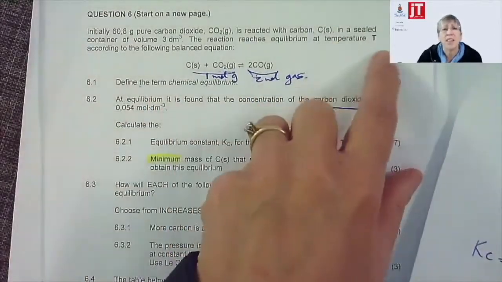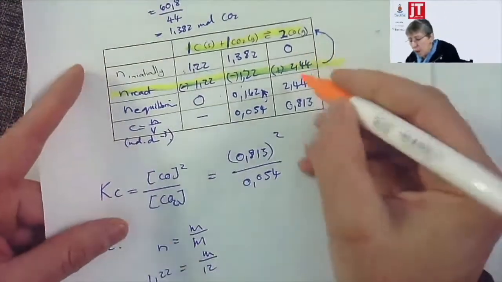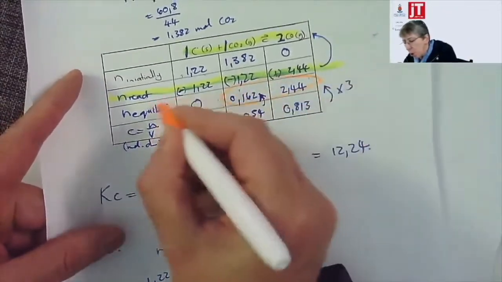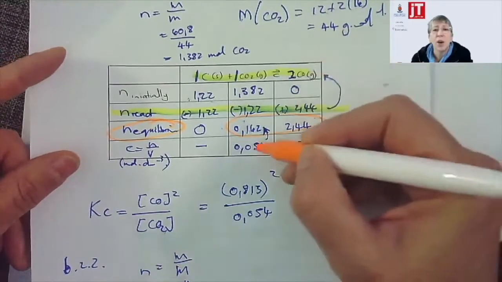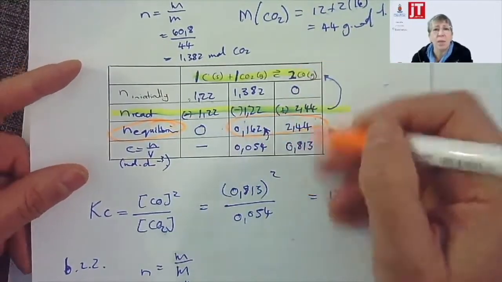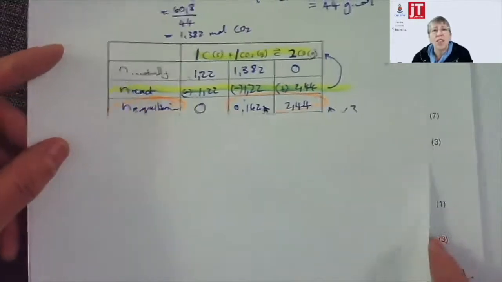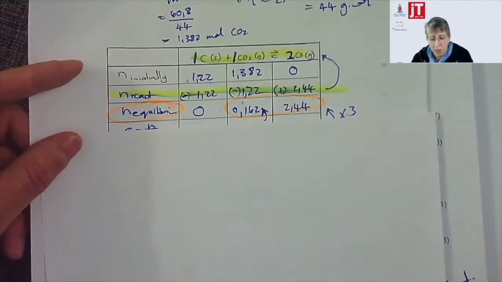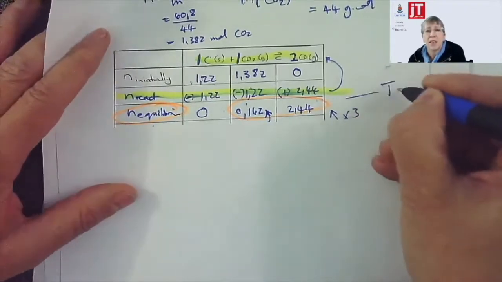That was at a temperature T. So when I have equilibrium, I already know how many moles of CO2 and CO were in the container at equilibrium. So what I can do is work out the percentage of CO2 and the percentage of CO when we have our equilibrium at temperature T.